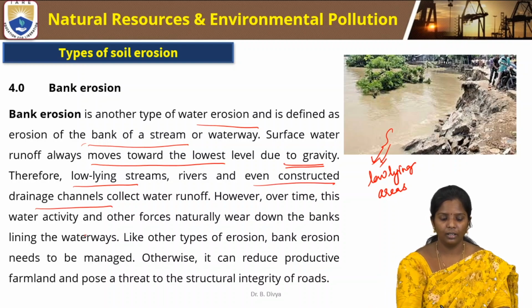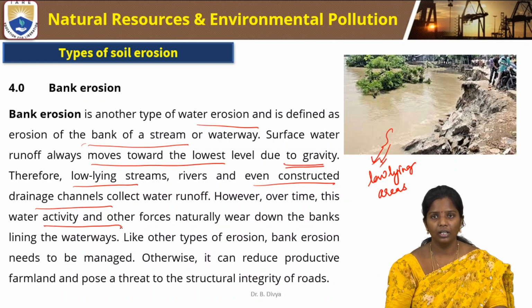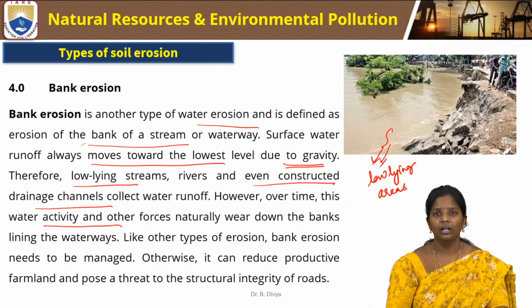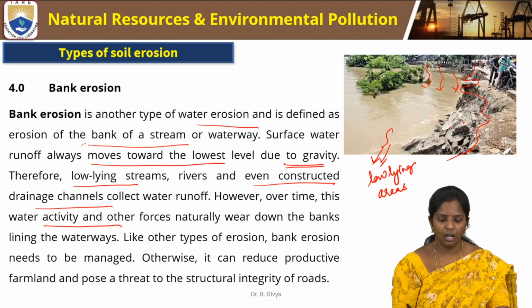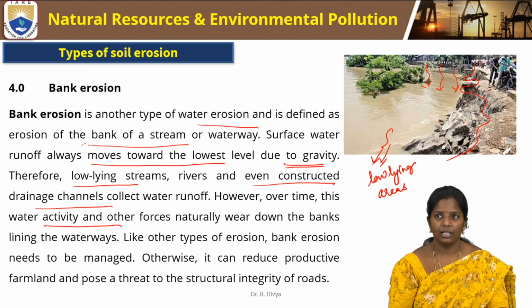Over time, this activity keeps going on, and the natural forces wear down the layer of land. Due to pressure coming from the upper area, pressure is created on the land and it gets washed off. This is how bank erosion takes place.